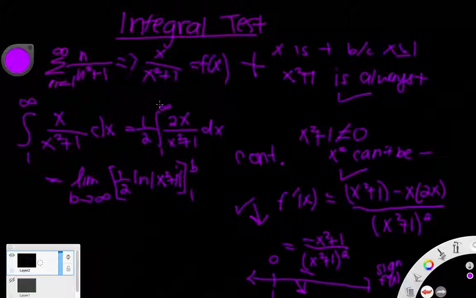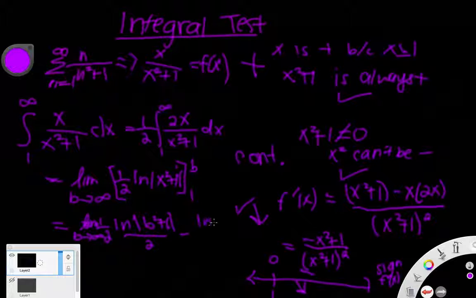So now that we have this, we're going to solve. It's going to be 1/2, the limit as b approaches infinity, of the natural log of b squared plus 1 over 2 minus the natural log of 2 over 2.